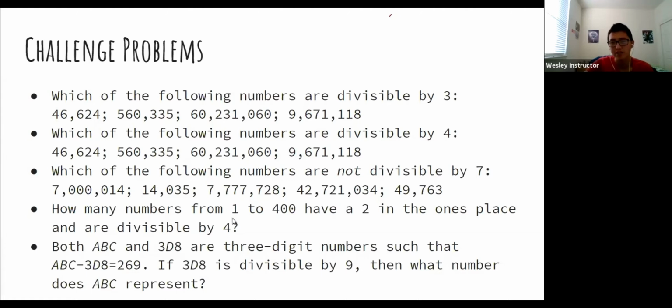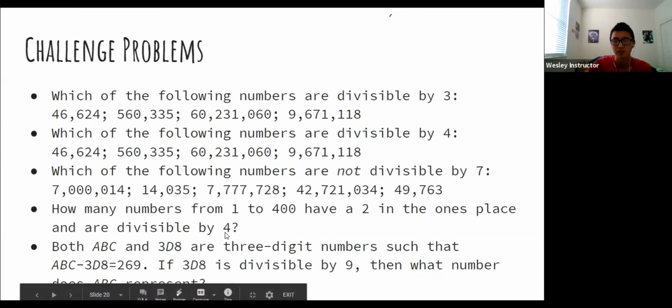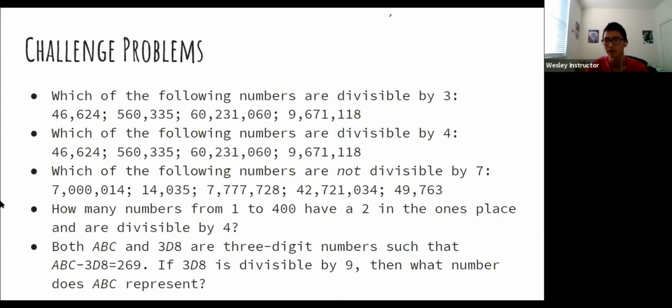From 1 to 100, we have 5 numbers that have a 2 in the ones place and are divisible by 4: 12, 32, 52, 72, and 92. We realize there's 5 numbers in each quarter. So from 101 to 200, 201 to 300, 301 to 400, there's always 5 numbers in those quarters. When we add it up, we get 20 numbers in total. So the answer to this one is 20.